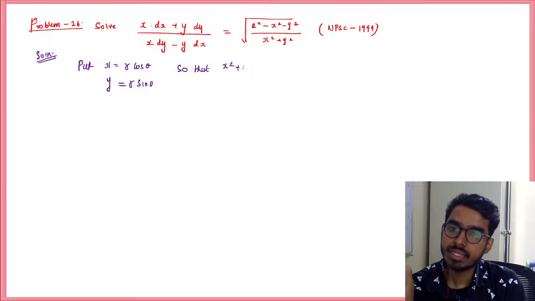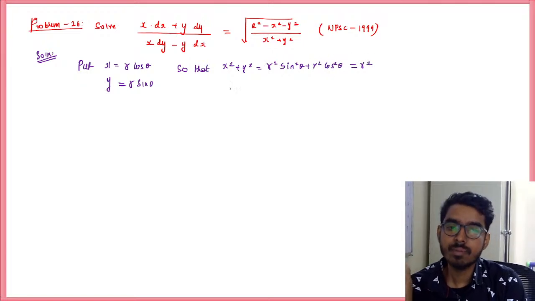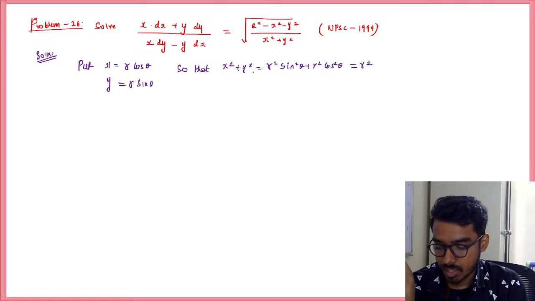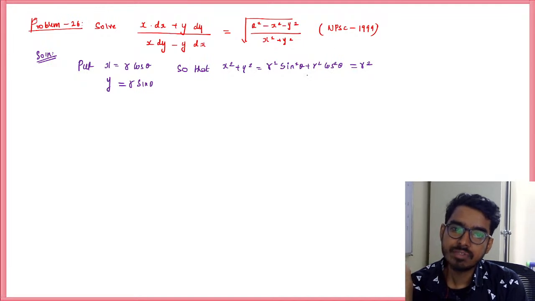So put x equal to r cos theta and y equal to r sin theta. What about x square plus y square? It is r square sin square theta plus r square cos square theta, which is nothing but r square, since sin square theta plus cos square theta is 1. We know r is root of x square plus y square.